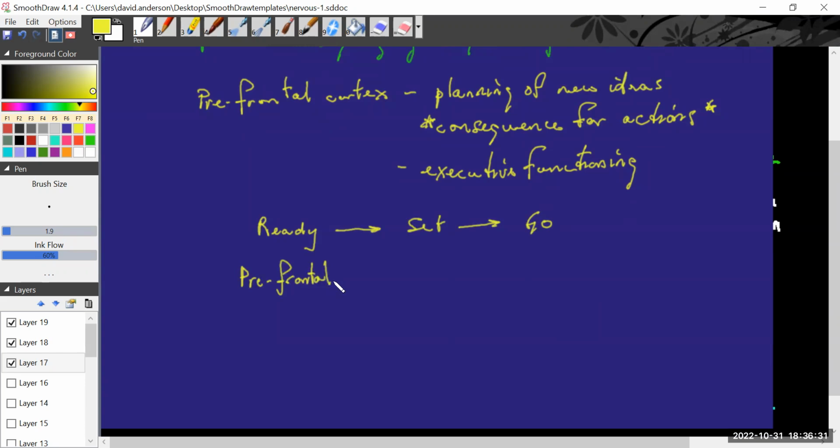This is where we're going to decide that we're going to reach out and pick up that pen that's on that table about 3 feet in front of us. And the planning, the sequencing of the events is going to be premotor. And then go is primary motor.